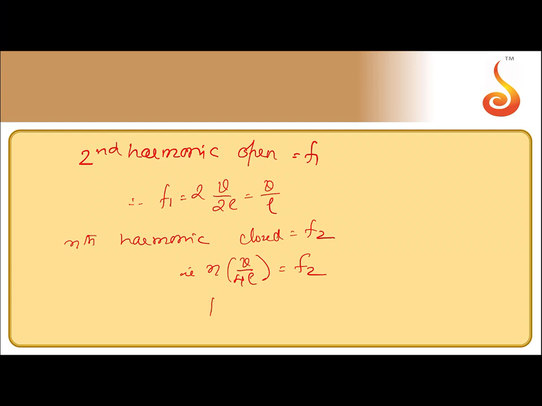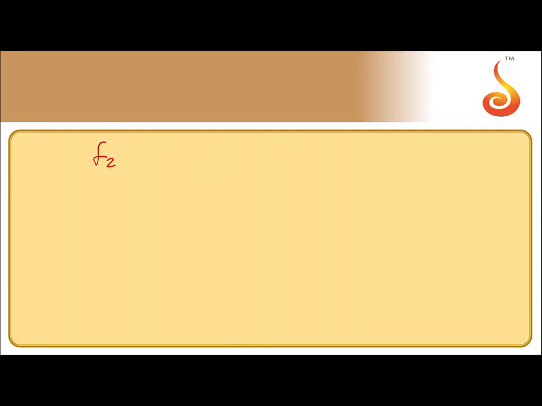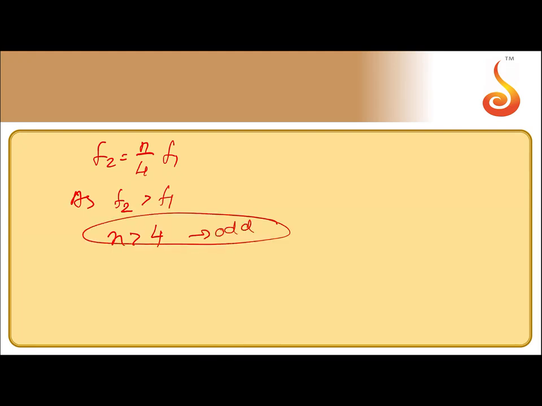So F2 is equal to N by 4 into V divided by L, that is F1. So F2 is equal to N by 4 times F1. As F2 is greater than F1, N should be greater than 4 and it should be an odd number.